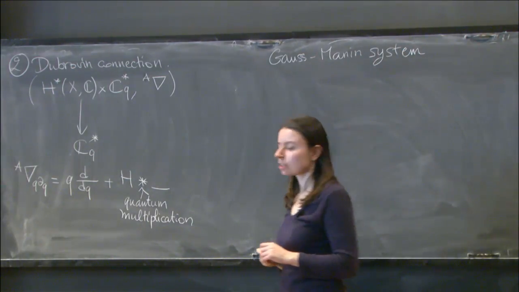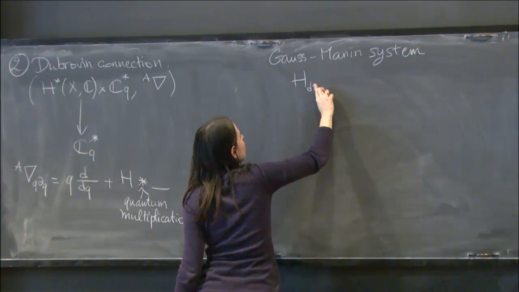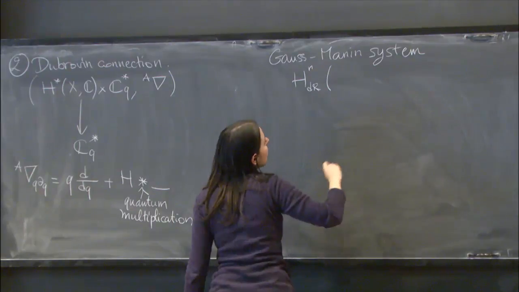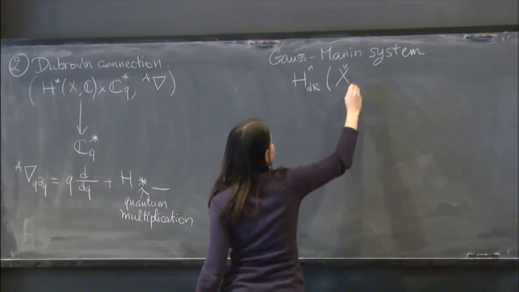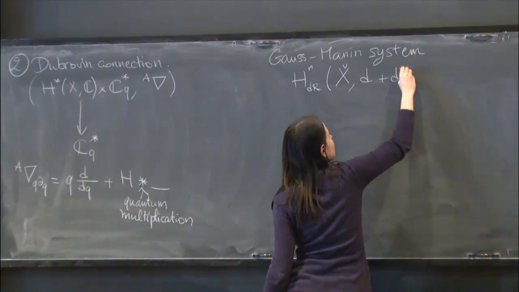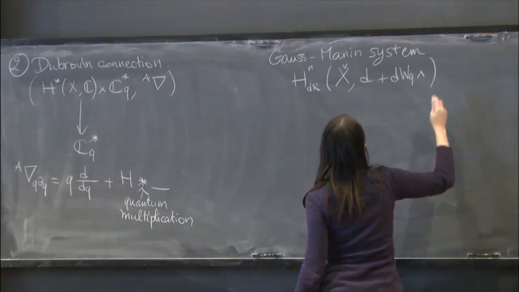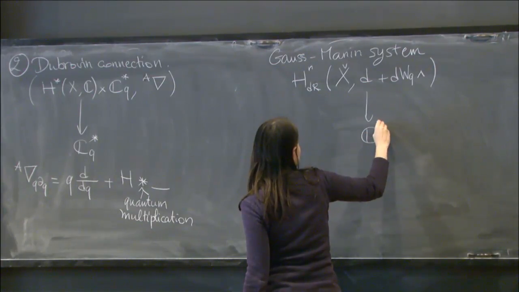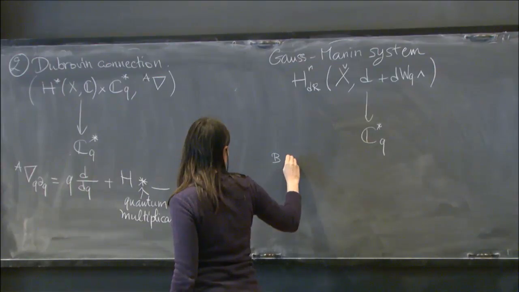Here we look at the twisted de Rham cohomology for X check, and we twist, so instead of just taking the usual differential, we twist by the superpotential, and this goes over C star with parameter q.